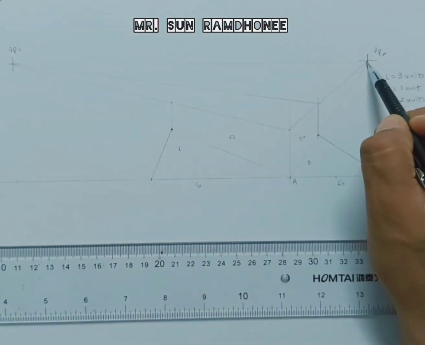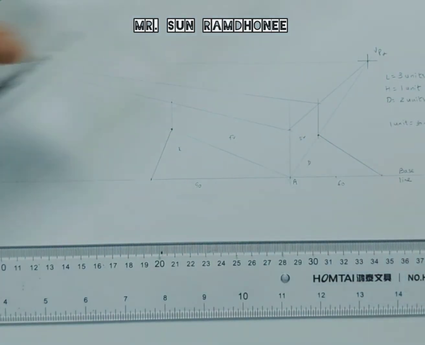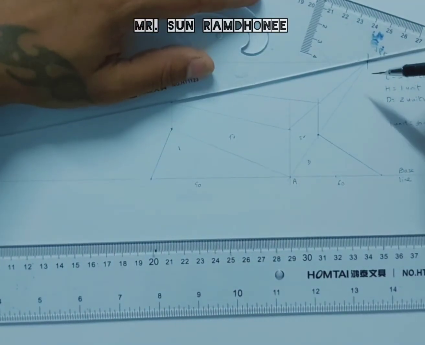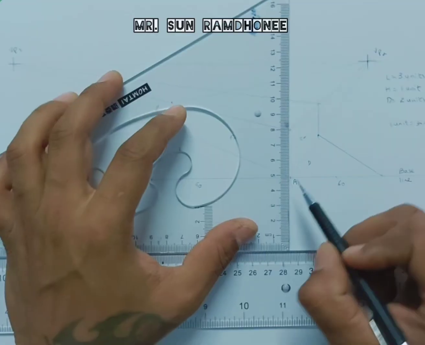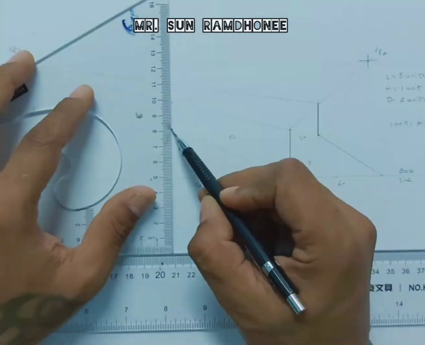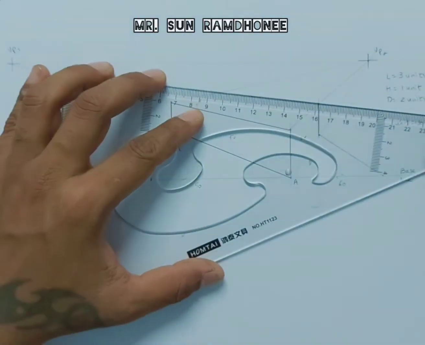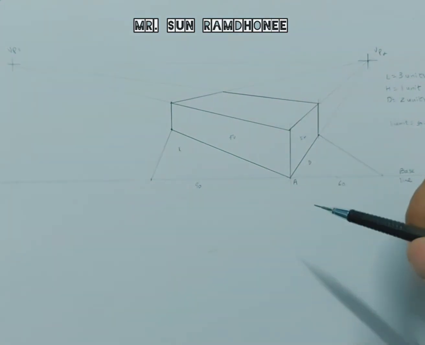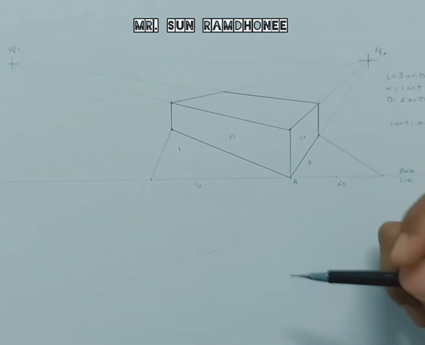We're going to draw a line which is going to join the vanishing point 2. We're going to outline our object like this. Here is our object in 1 point perspective.